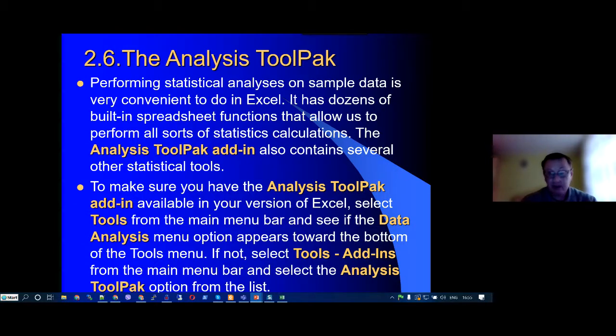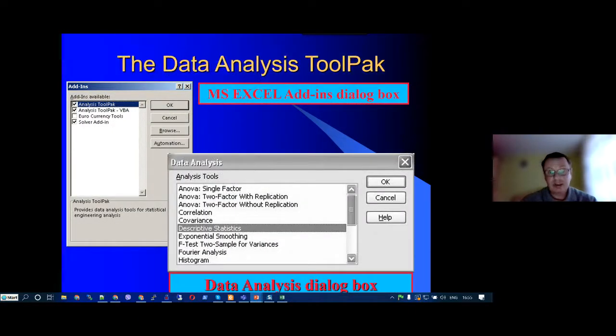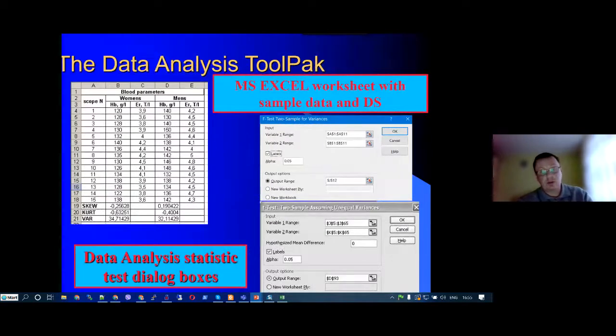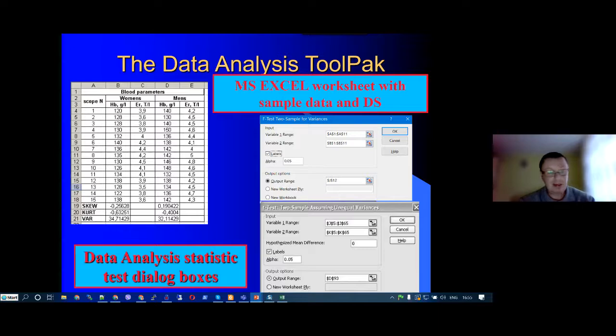So if we have the formula and have data, we can perform the calculation. But with the Analysis ToolPak, we have a few methods which can give us a solution for the Fisher test for variances and the Student's t test statistics for the sample test for means. And I think it's time to show an example, as we have just a few minutes before the lecture is finished.